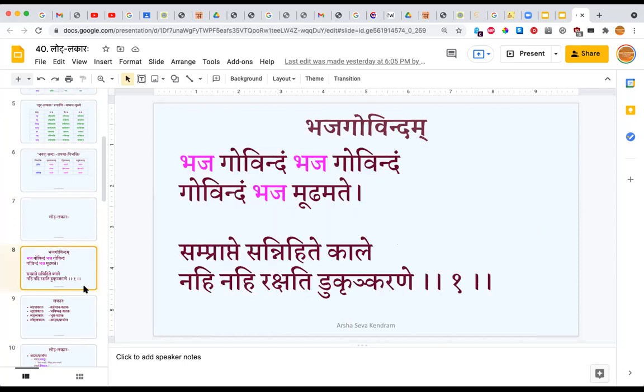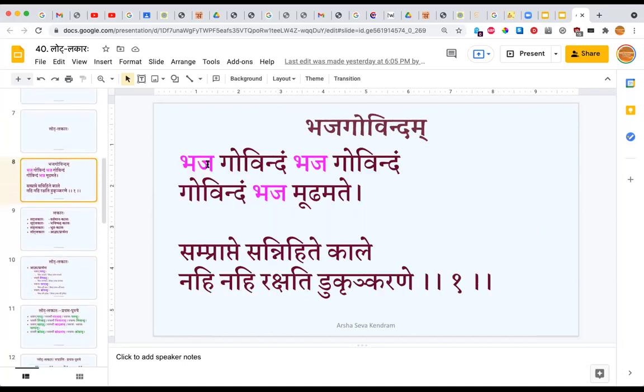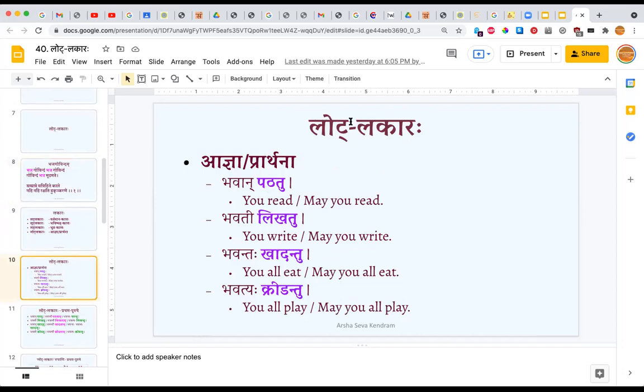So the word of interest for us is Bhaja. We will see why it takes this form and why we are studying this shloka today. Let us do a couple of slides and then the meaning will become clear.